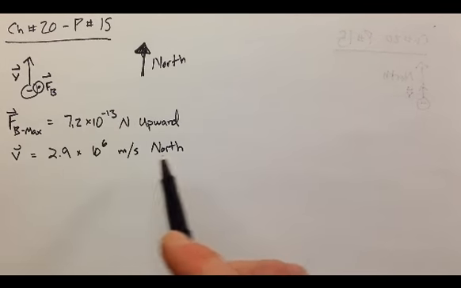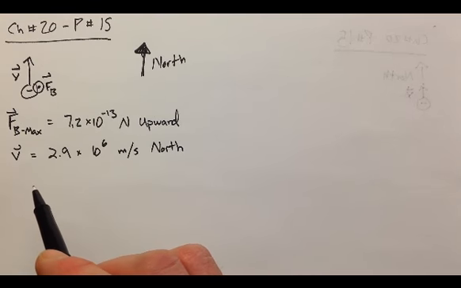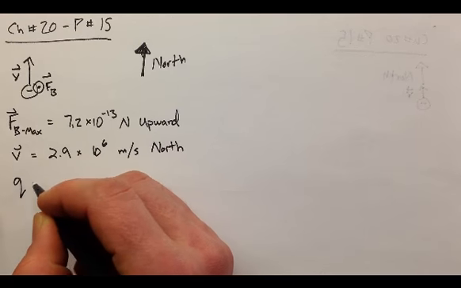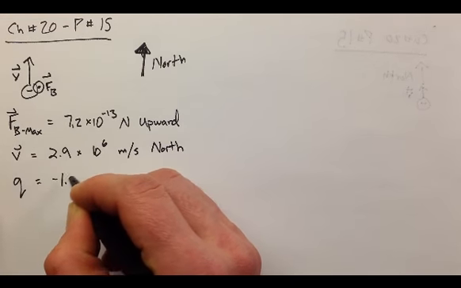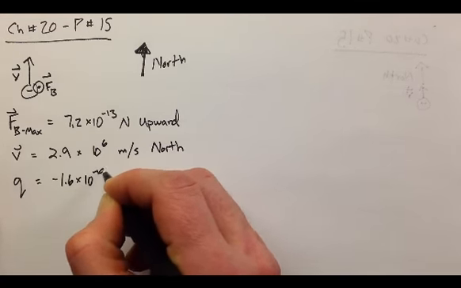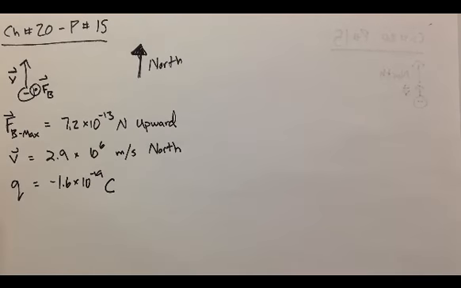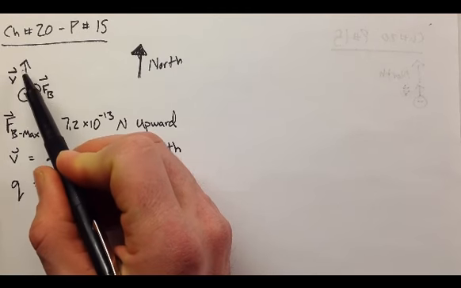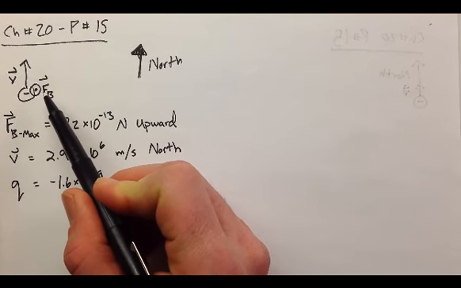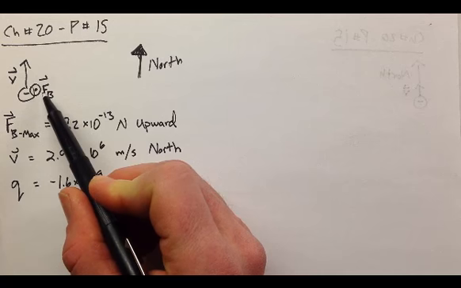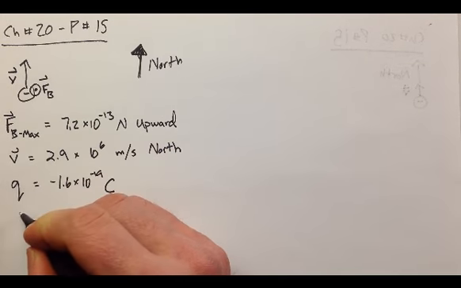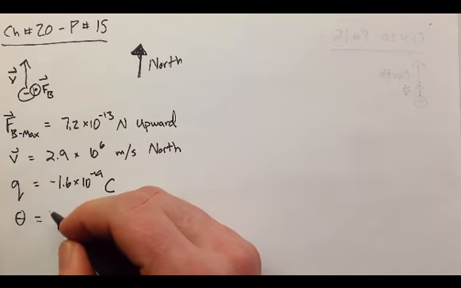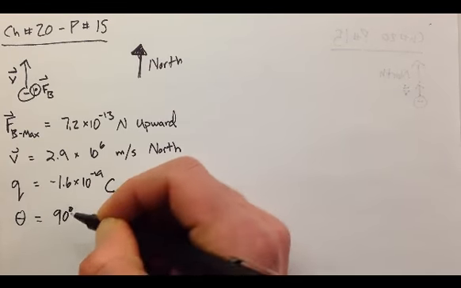We're told the speed of the electron here, and of course we're told that it's an electron, so the charge must be negative 1.6 times 10 to the minus 19th coulombs. What else do we know? If the charge is moving straight north, and the force due to the magnetic field is coming out of the page, then the angle between these must be 90 degrees.